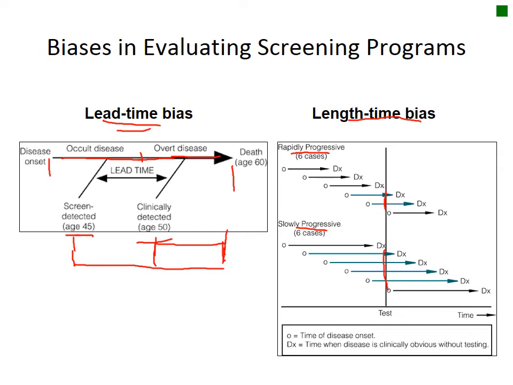With length time bias influences the number of people detected.